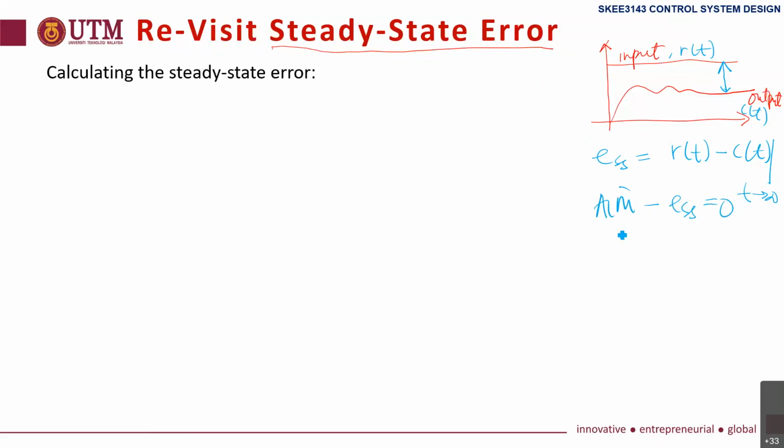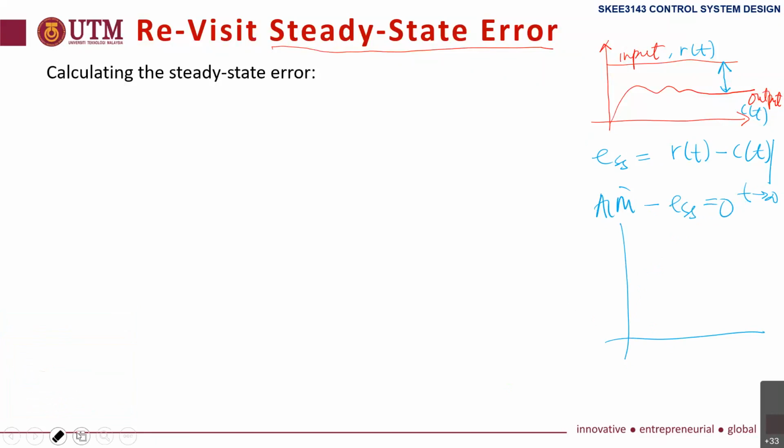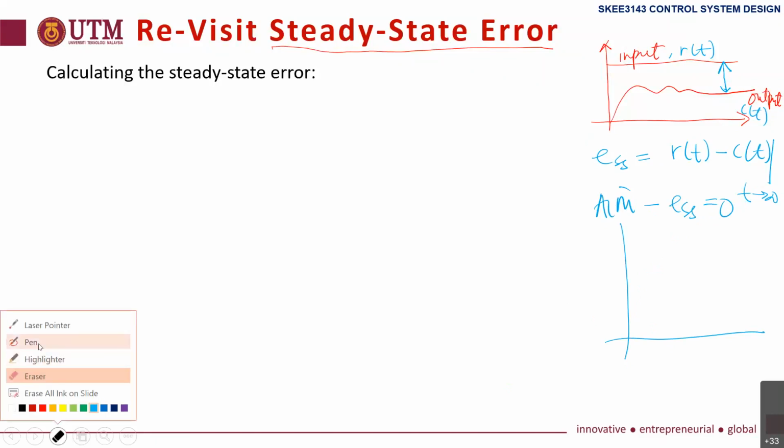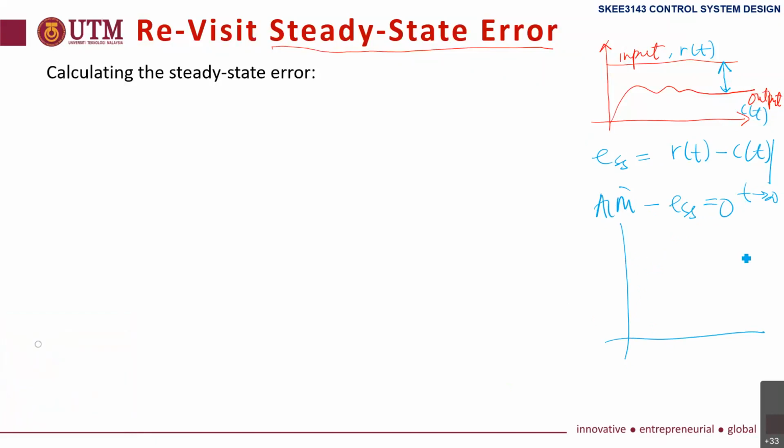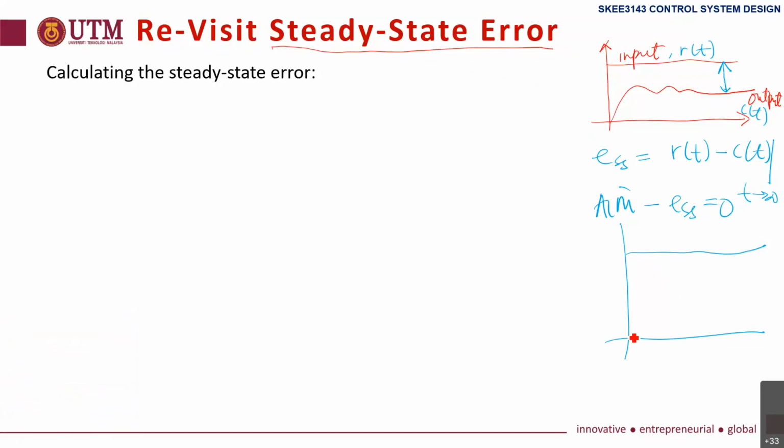That means what we want is, if this is the input, the output is the same. Finally, it goes to the same point. That means input equal to output. This is a case where error equal to 0.